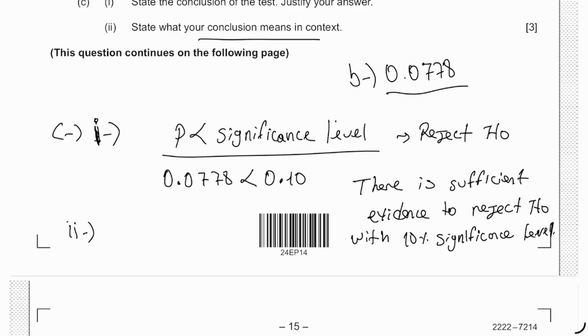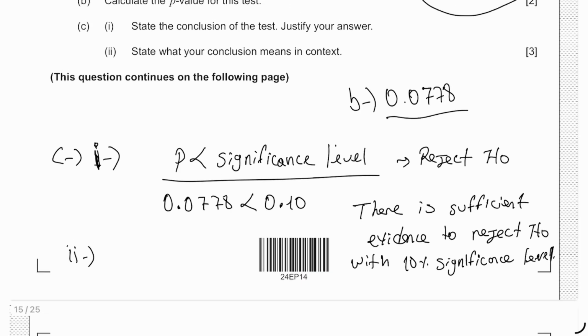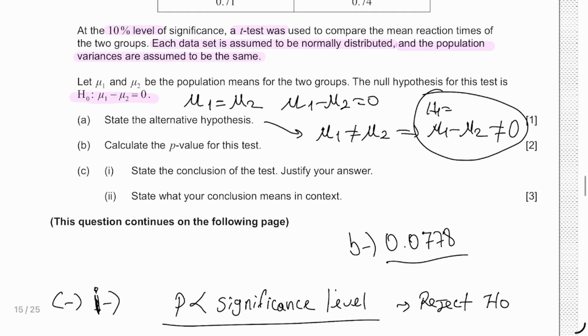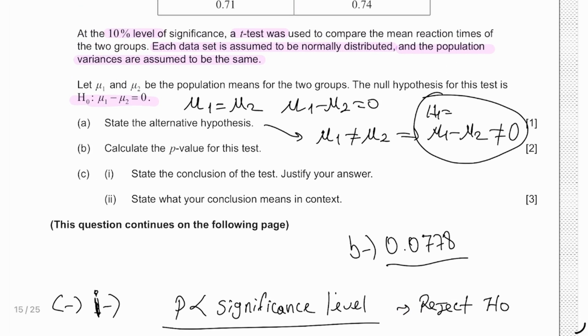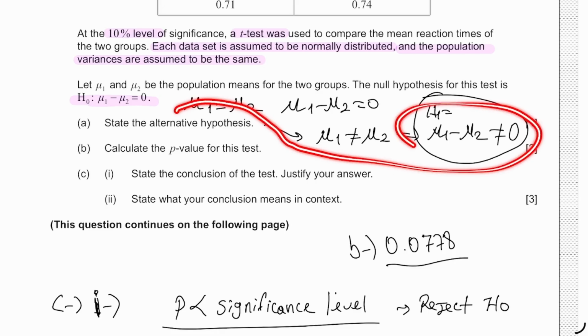State what it means in words, right? So we reject H0. What is H0? So H0 was this one, right? So their population mean is the same. We rejected it, right? So therefore we can say this is true.